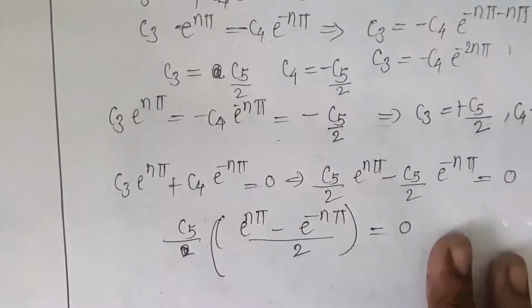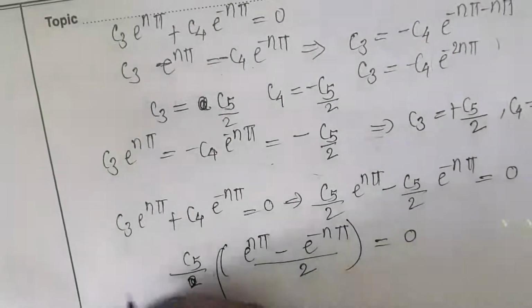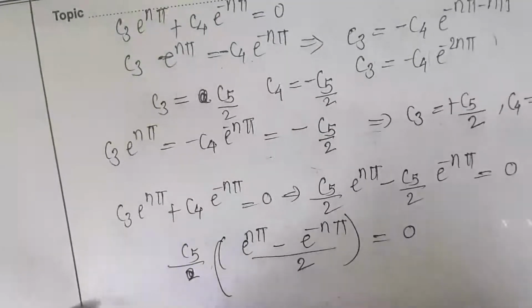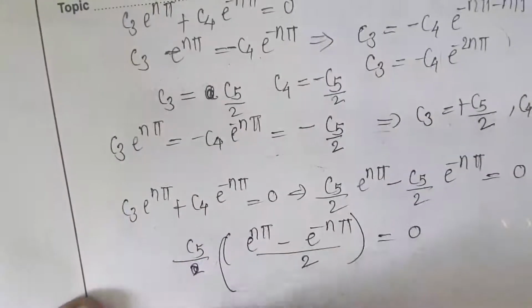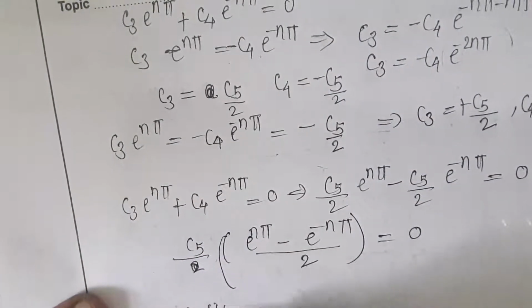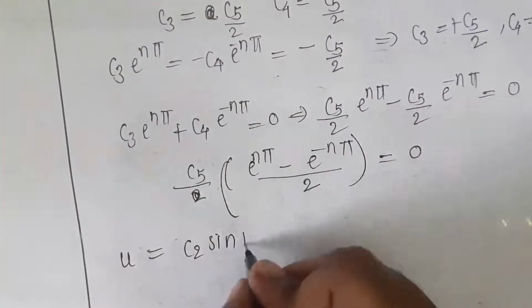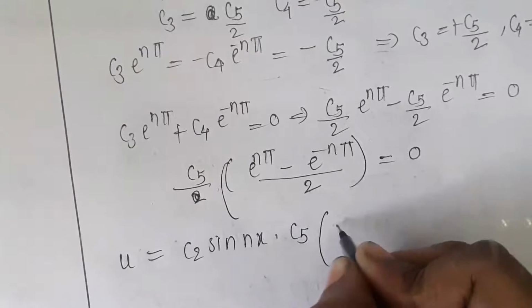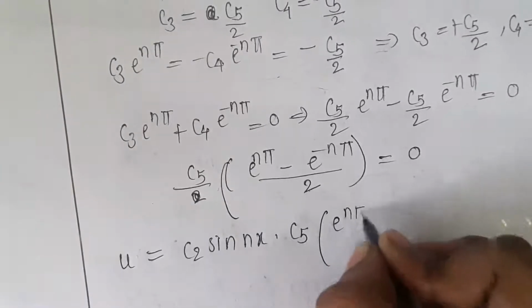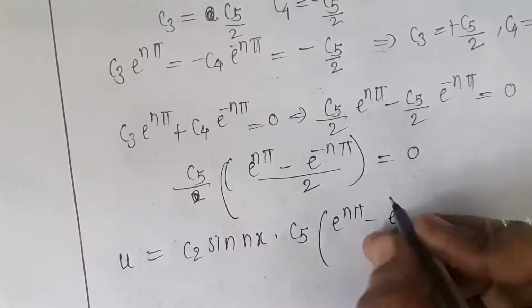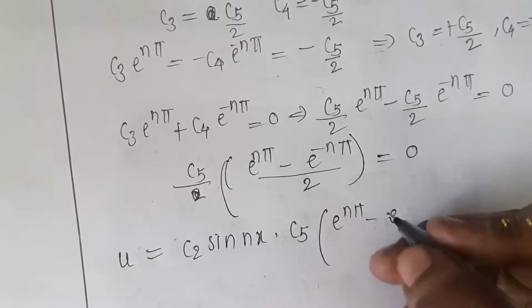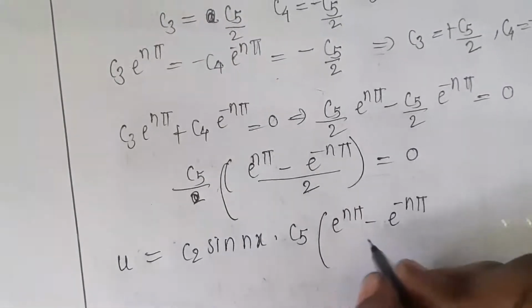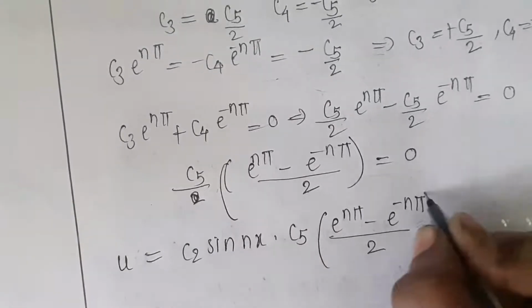Okay, now substituting this in u, u becomes C2 multiplied by sin nx multiplied by C5 into e to the power n pi minus e to the power minus n pi divided by 2.